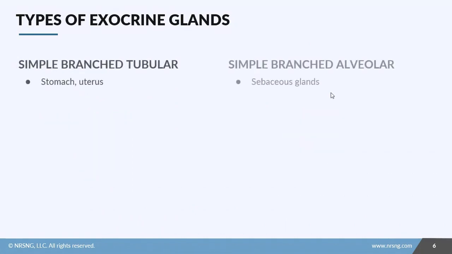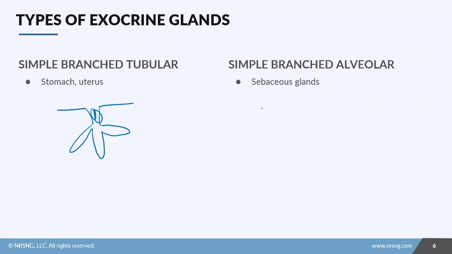Now, we can also see some branching. This is where we differentiate a little between branches and multiple ducts. Branch just means that one duct has many secretory portions on it, but still only one duct. So simple branched tubular looks like this: one duct with multiple tubular secretory portions, but it still only has one duct.